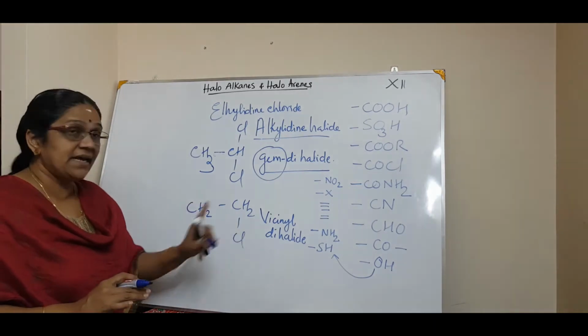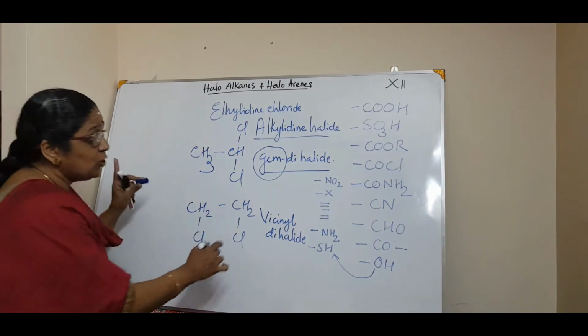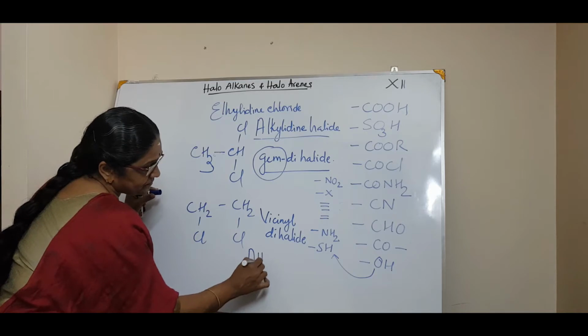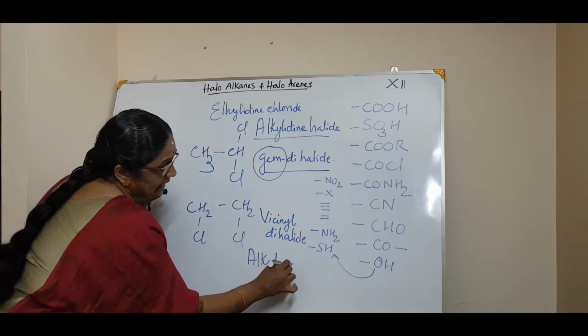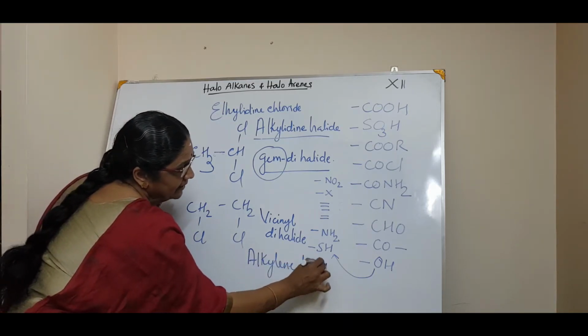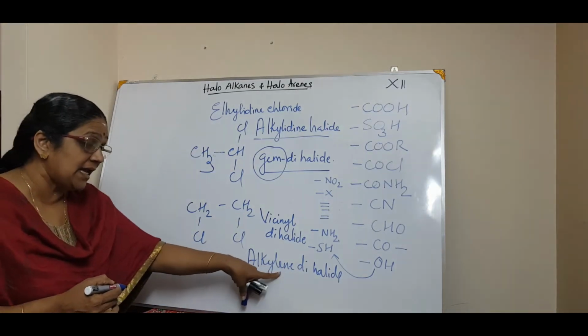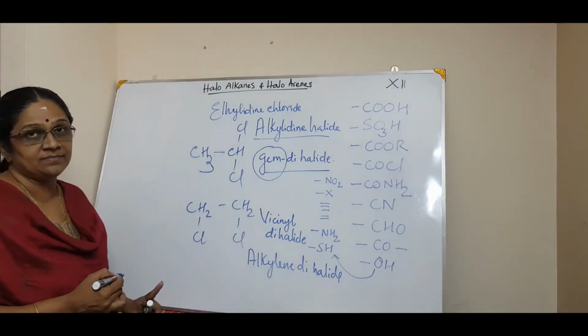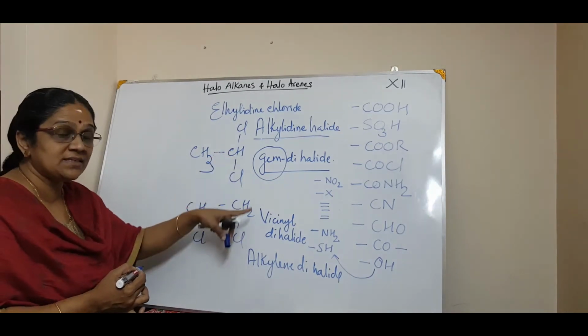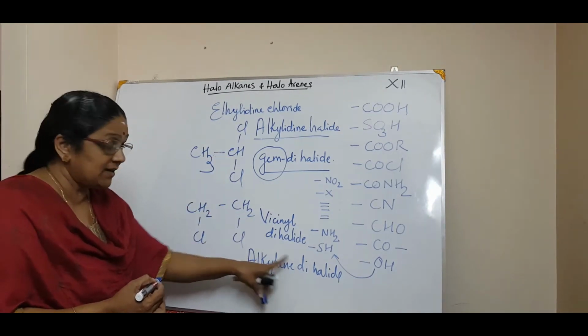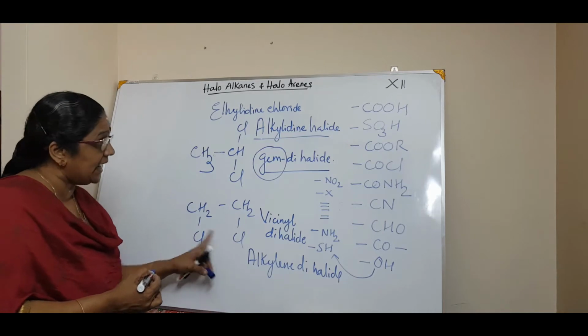Then the IUPAC name is alkyl dihalide. It is not alkylidene, it is alkyl dihalide. See the difference between this? Here it must be reported as dihalide.